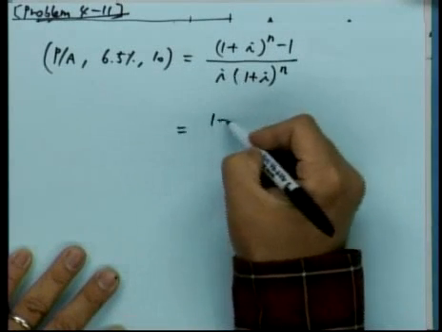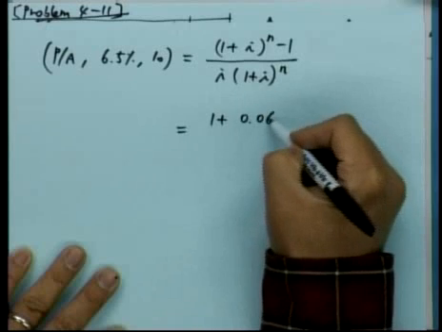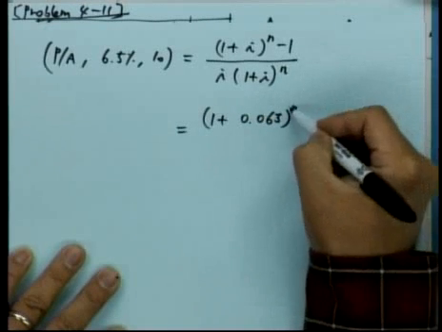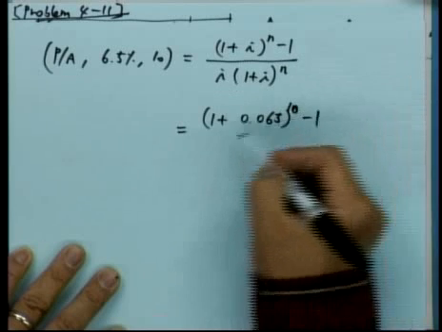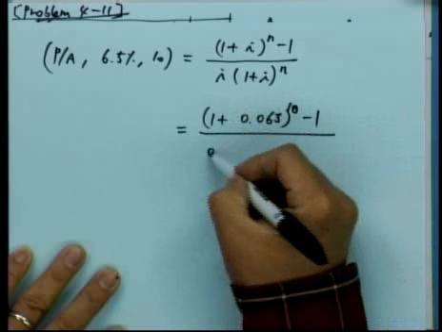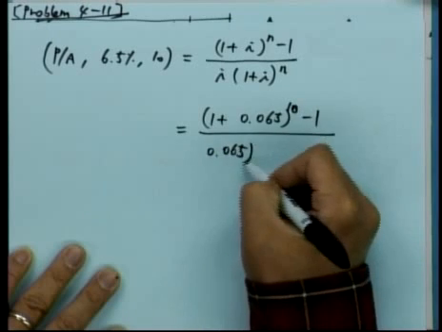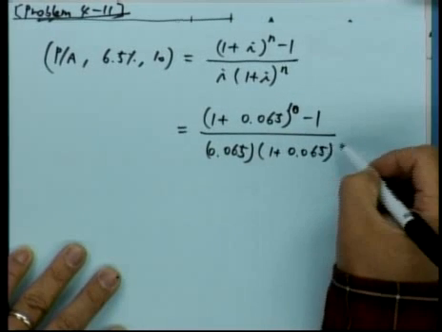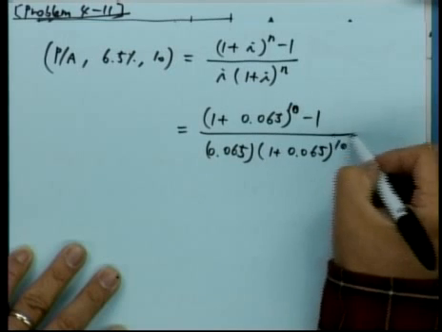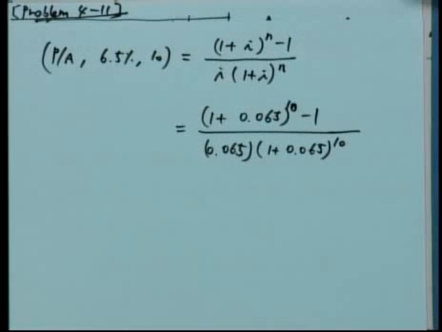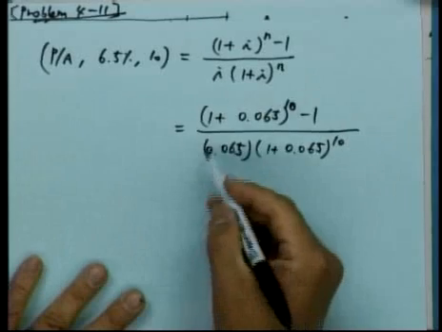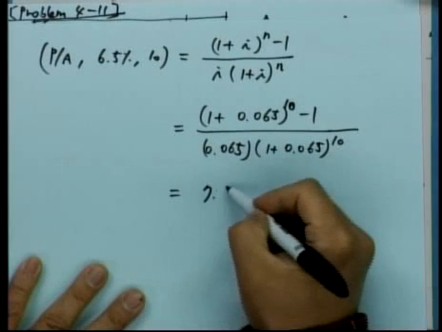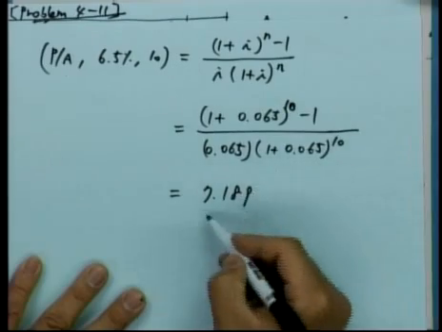So this is going to be 1 plus 0.065 to the power 10 minus 1 over 0.065 times 1 plus 0.065 to the power 10. So from my previous calculation, this is going to be 7.189. Okay.